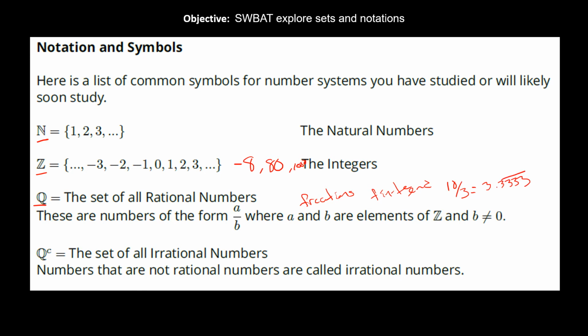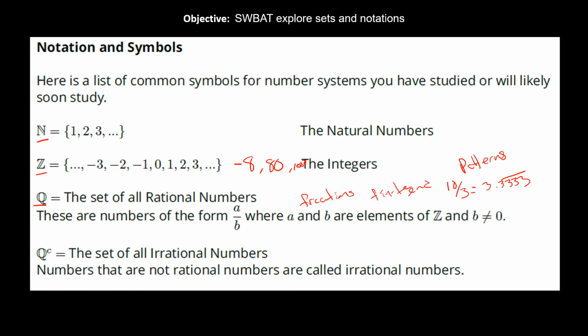These numbers have a pattern, so we also want to look for patterns. 3.33333 will go on forever. These are rational numbers because they can be written as 10 over 3. We will also see other examples of rational numbers, and we'll discuss this further in class tomorrow.